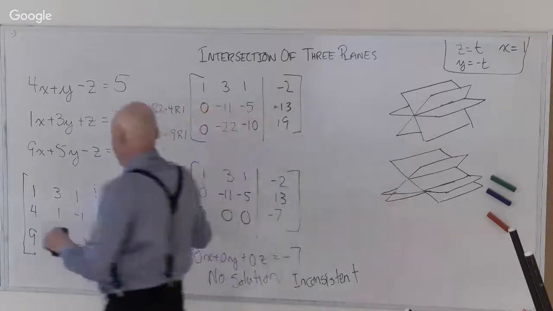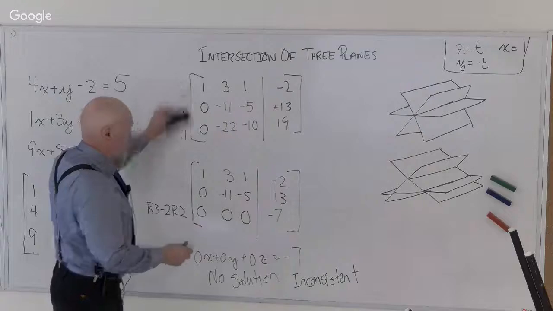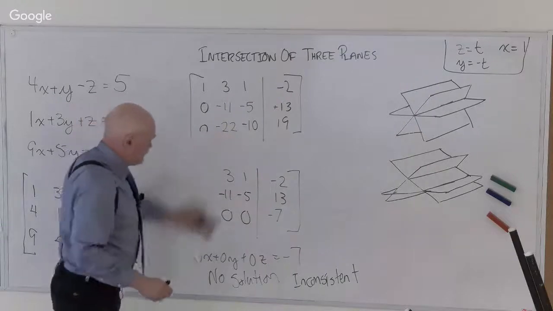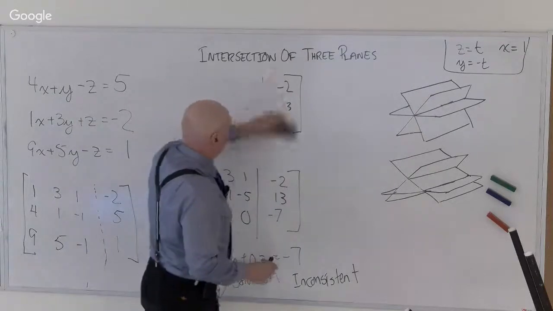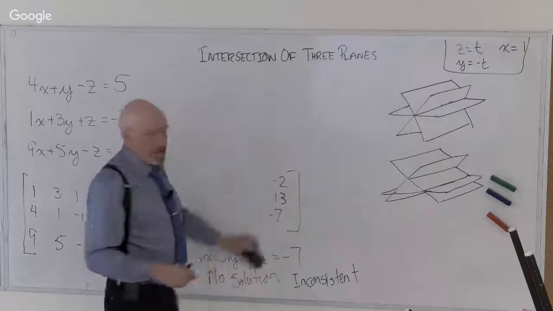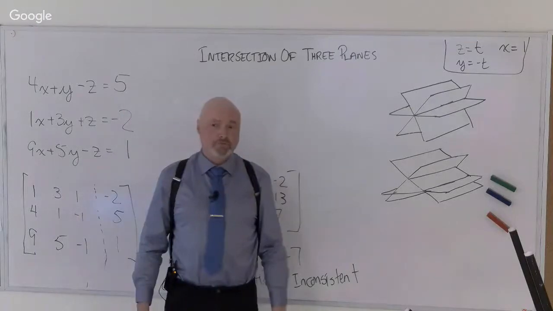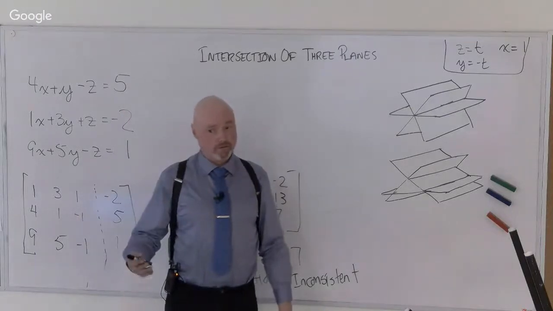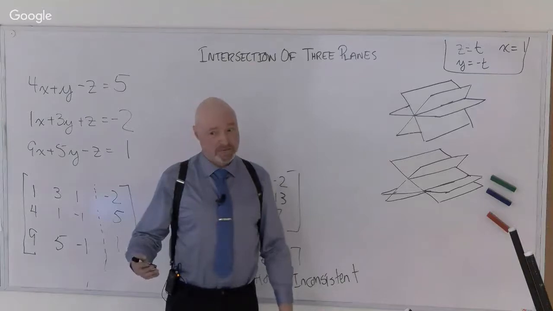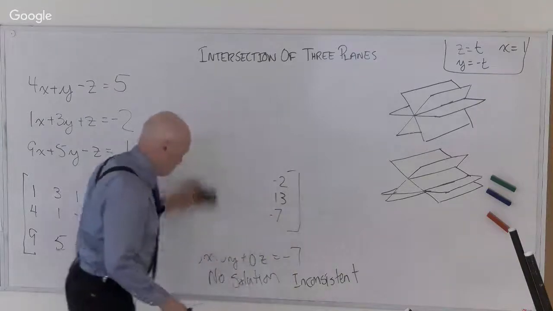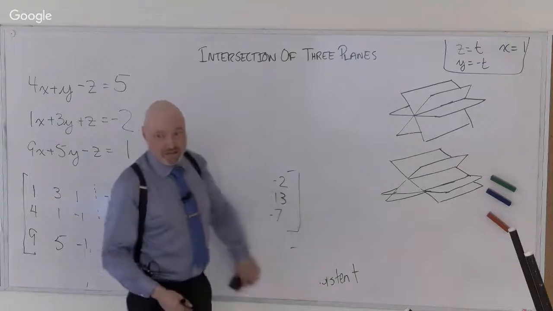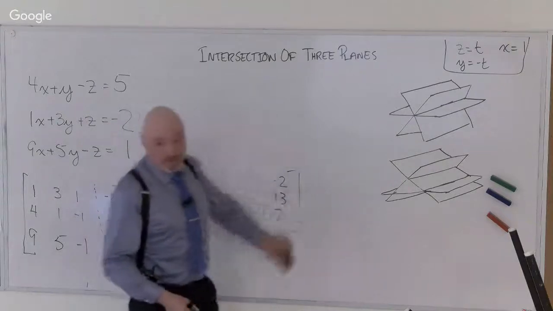So if I have this scenario where they're intersecting in either of these cases, the dot cross product, which is the volume of a parallelepiped made by the three vectors, will be equal to 0.